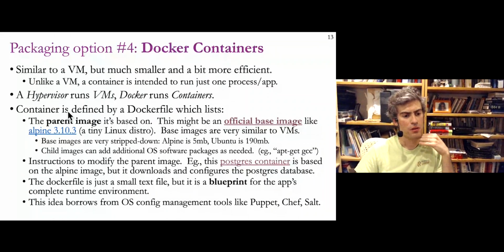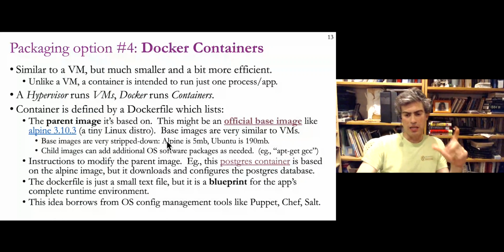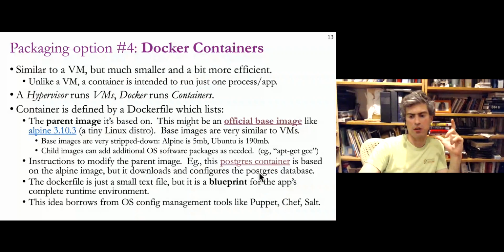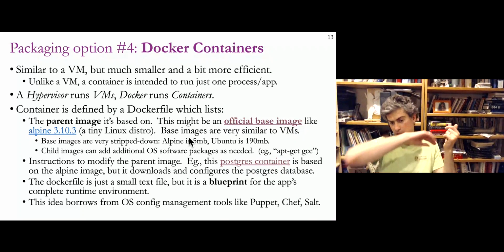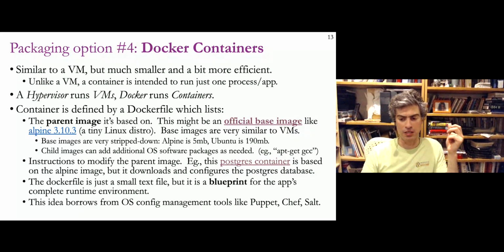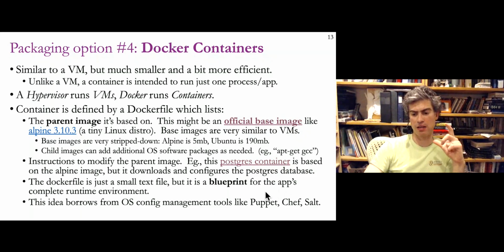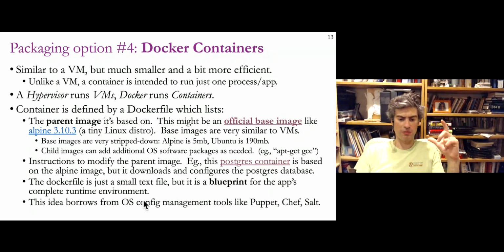So that little text file specifies a container for Postgres entirely, because it builds off of a standardized Alpine container, and it provides instructions for setting up everything else that it needs, including downloading software and whatnot. That idea of specifying instructions for setting up an OS is very similar to operating system configuration management tools like Puppet, Chef, and Salt. And I think there are newer ones now that I haven't used.